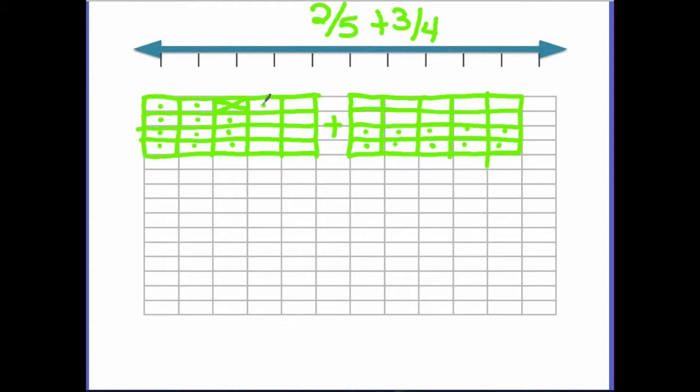Put a dot. And hopefully I didn't miss one. I have a hard time talking and doing this at the same time, so we'll see. Hopefully you guys are doing this on your board too, so you can check my work to make sure I didn't miss one.